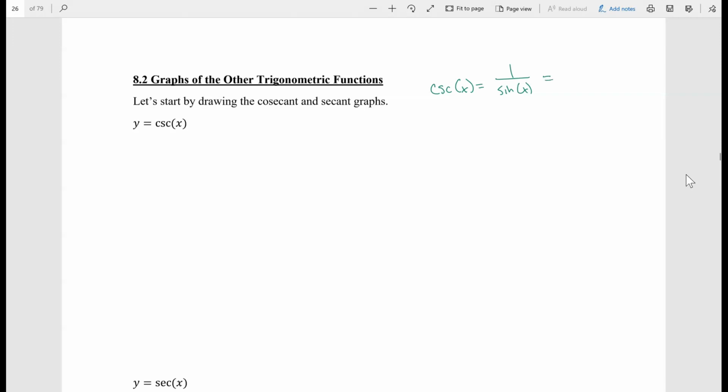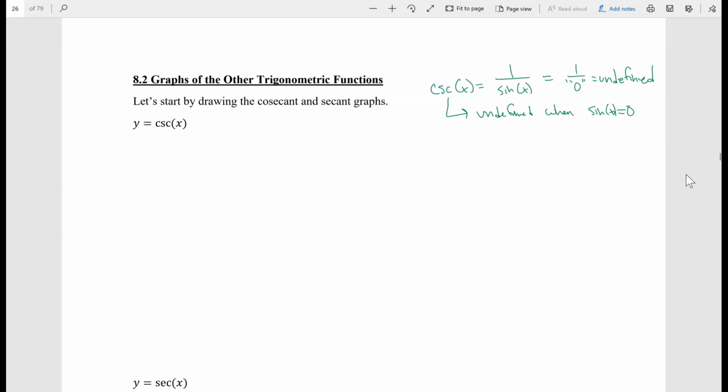When sine is 0, you're going to have an undefined term. Remember, 0 on the bottom is not okay. So whenever you have a 0 on the bottom, you're going to have an undefined, which means that this function itself is also going to be undefined when sine of x is equal to 0.